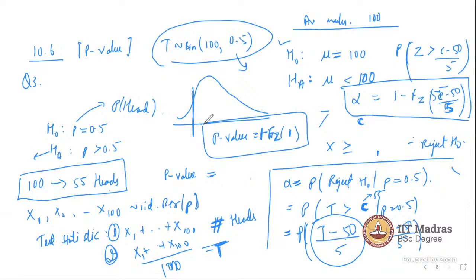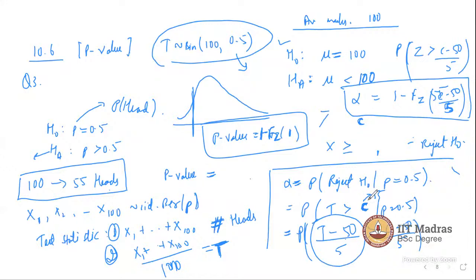You have performed an experiment, you have some samples, and whatever you have observed from there, you will substitute that. In this case, I had 100 samples and observed 55 heads, so I substitute 55 over C. The critical value here becomes 55, the total number of heads.